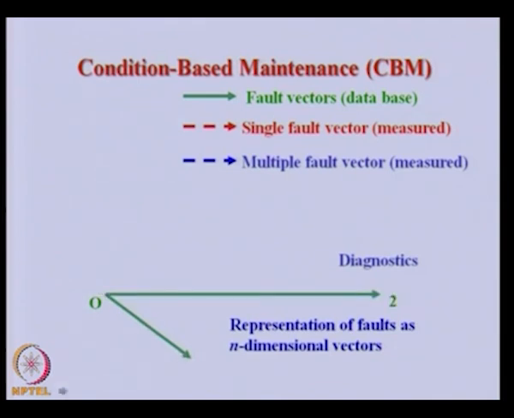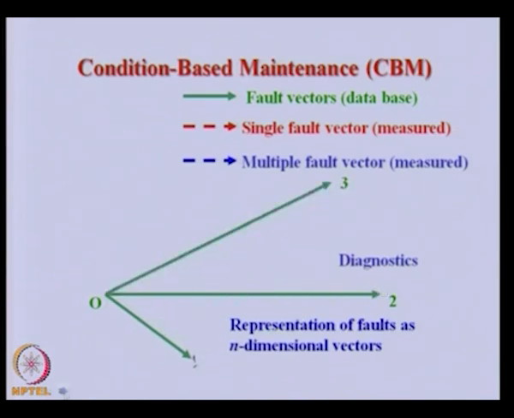Then in this particular case, what will we be doing? We will introduce one fault in a machine at a time, and we will find what change of these vectors is taking place. If these vectors are changing, obviously their orientation in the n dimensional space will change. So the first one may correspond to one particular kind of fault, this one is for one kind of fault, this is for the second fault.